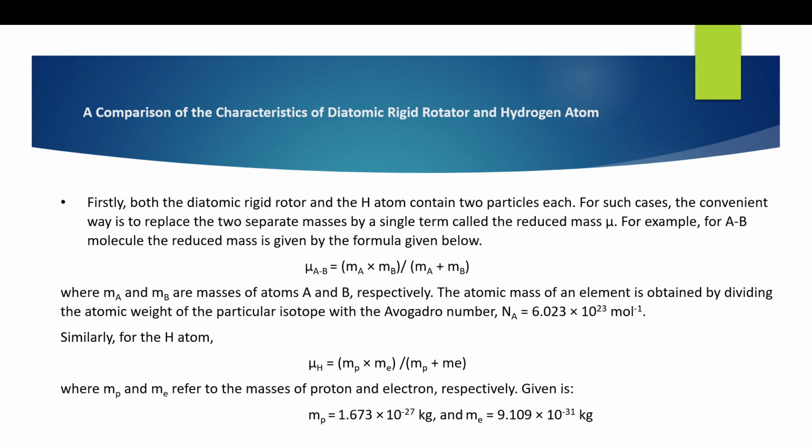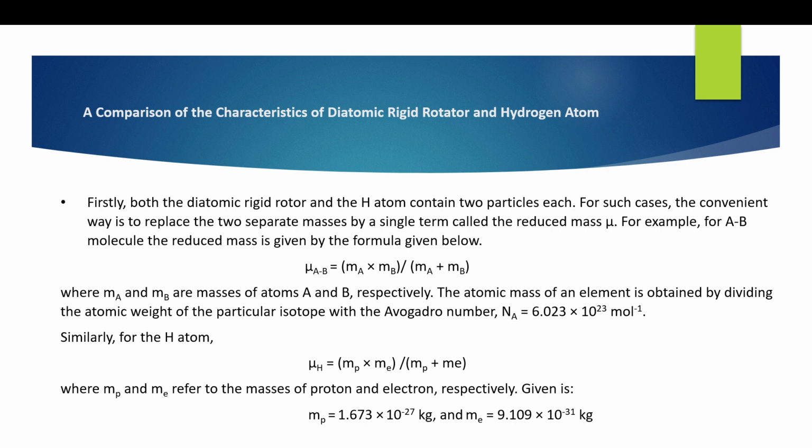The first point of comparison is that both the diatomic rigid rotor and the hydrogen atom contain two particles each. For such cases, a convenient way is to replace the two separate masses by a single term called the reduced mass mu. For the hypothetical AB molecule, the reduced mass is given by the well-known formula: mu AB equals the product of the two atomic masses divided by the sum of those masses.